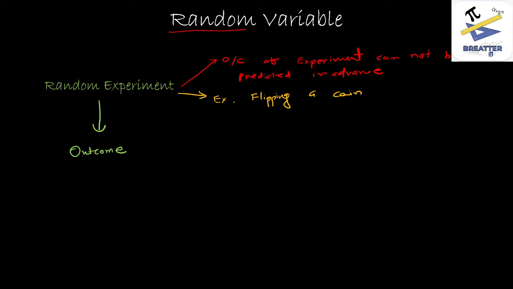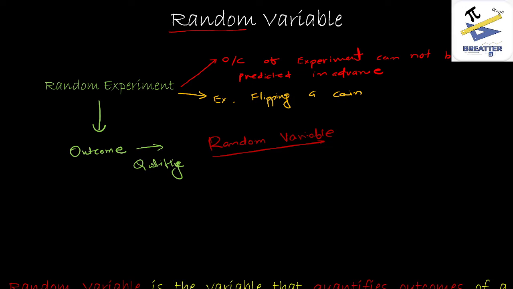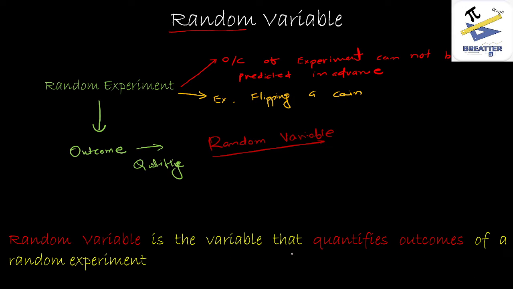Now, what is the job of random variable? Random variable quantifies the outcome of a random experiment. So, if we want to quantify the outcome of a random experiment, the term random variable comes into the picture. So, what is the definition of random variable? Random variable is the variable that quantifies the outcome of a random experiment.